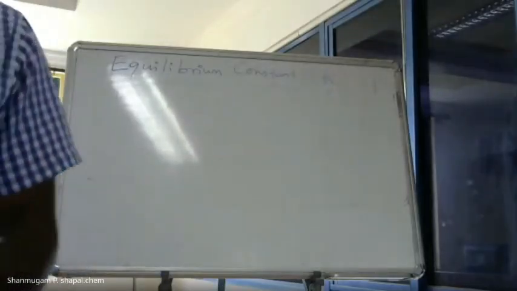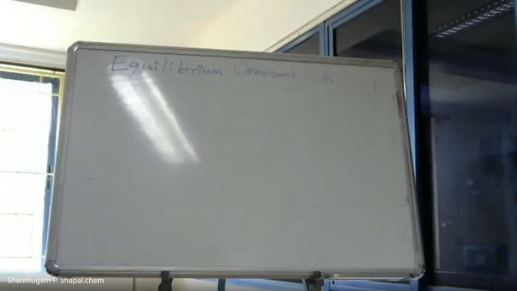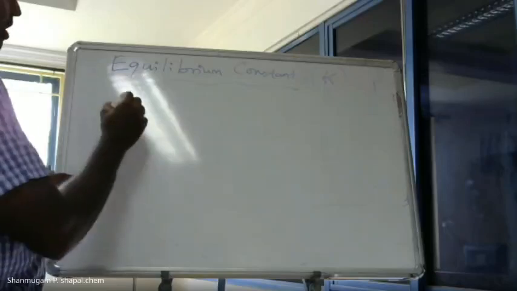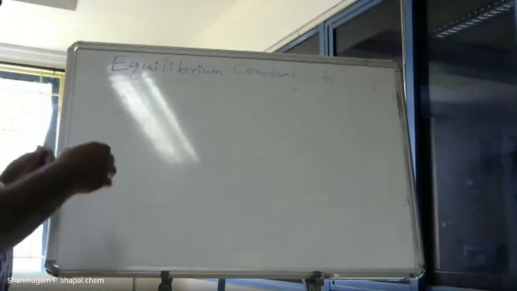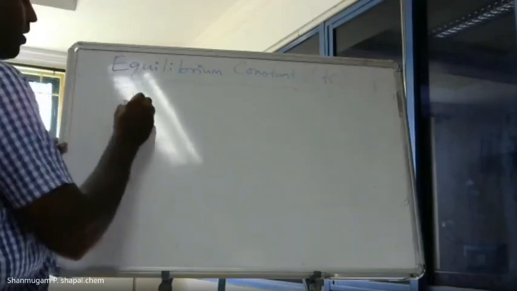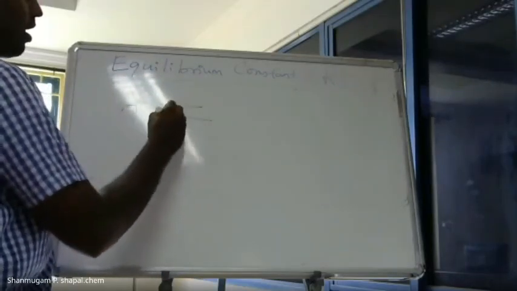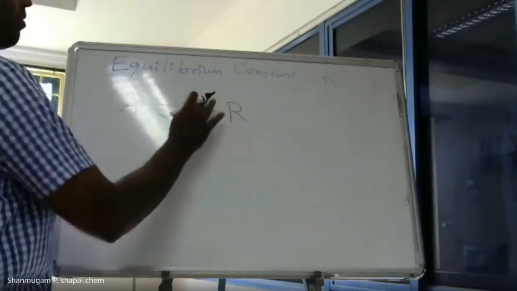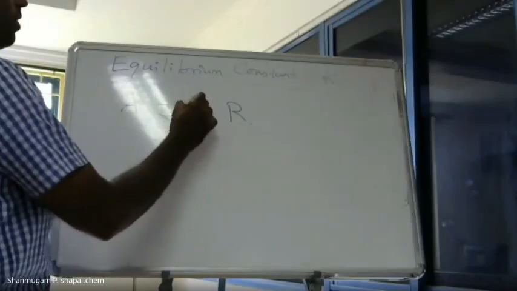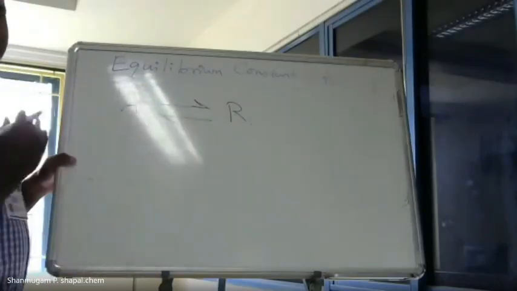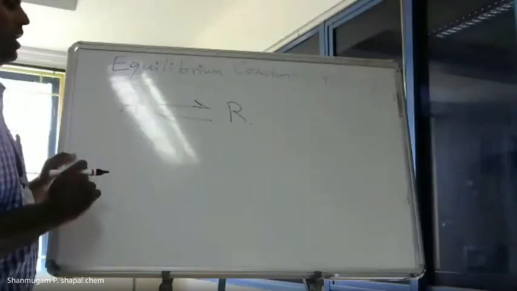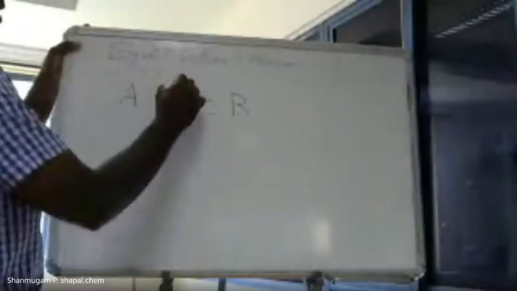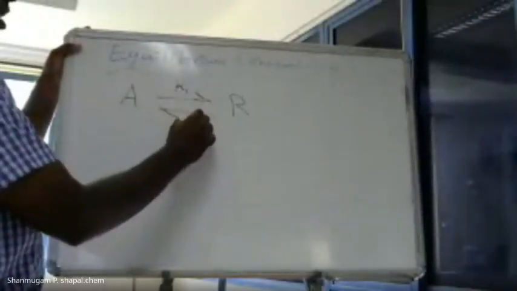Equilibrium constant, it is nothing but, you have a reaction mechanism, for example, A gives R, a reversible reaction product. So if this A gives a product, we say the small k1 and k2.